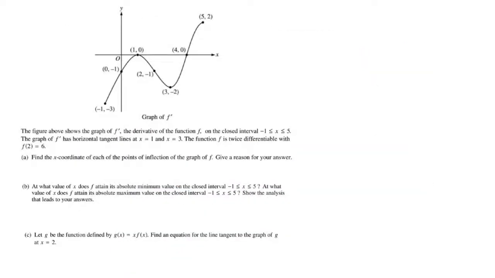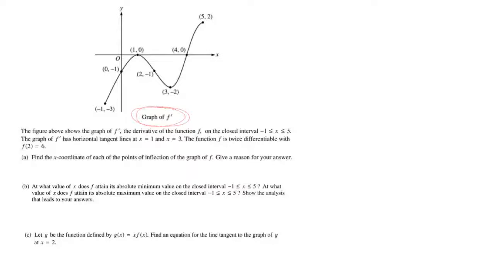All right, for the next question, here again we're given the graph of f prime, and we are asked about function f again, of course. So let's look and see. Again, graph of f prime, important.